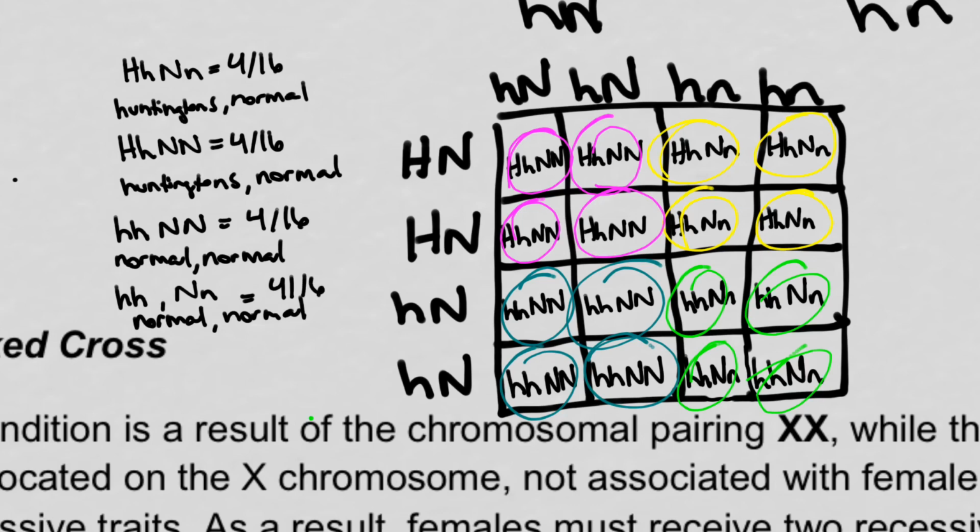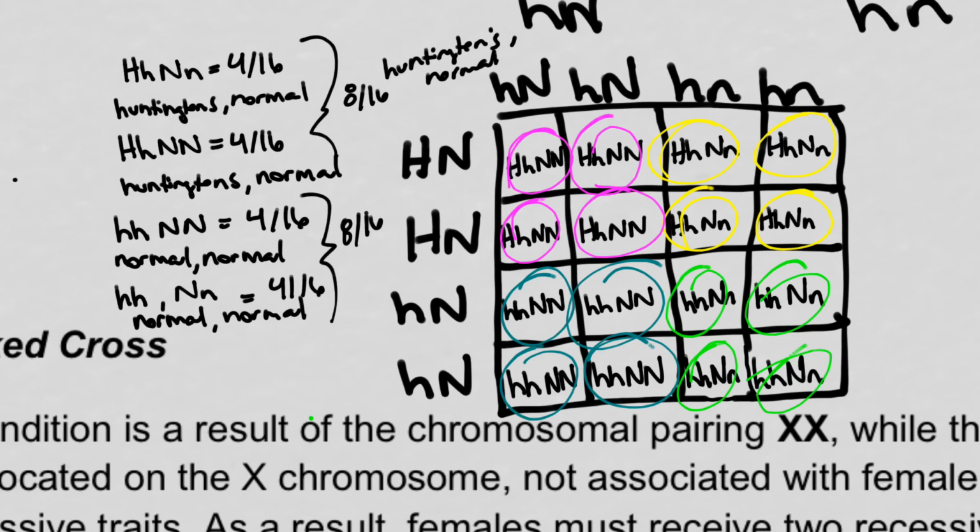So that's the genotypes. For the phenotypes, you're going to have 50% or 8 out of 16 Huntington's normal. So they're going to have Huntington's disease, but not Tay-Sachs. And then the other 50% or 8 out of 16 will be non-Huntington's and non-Tay-Sachs.